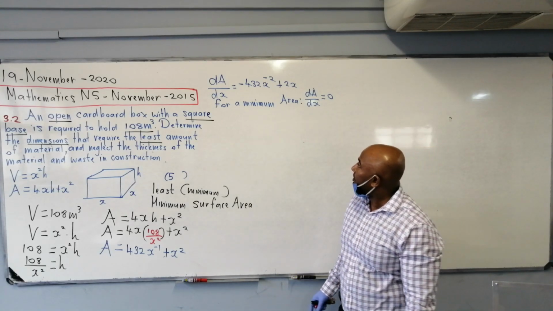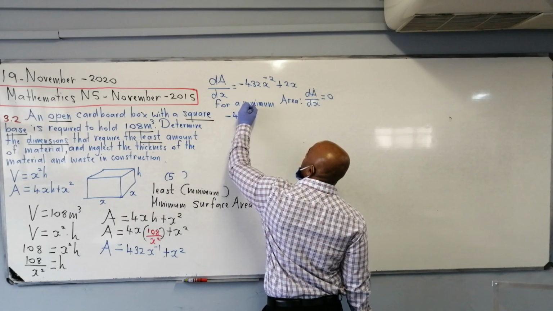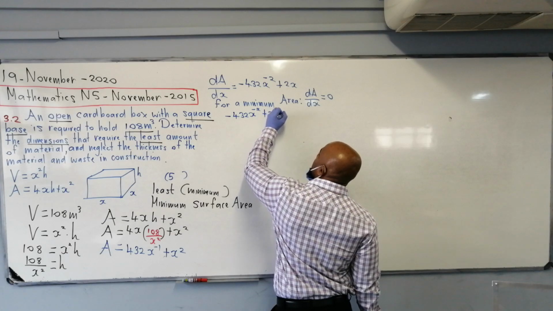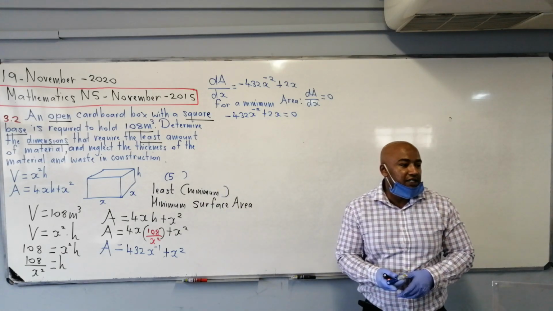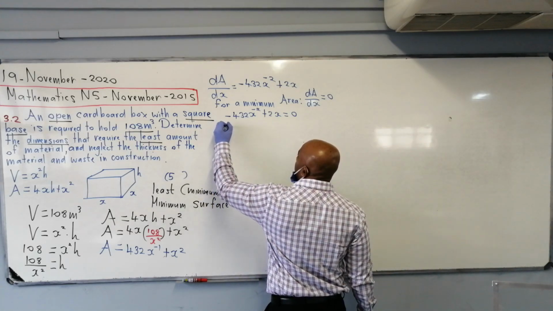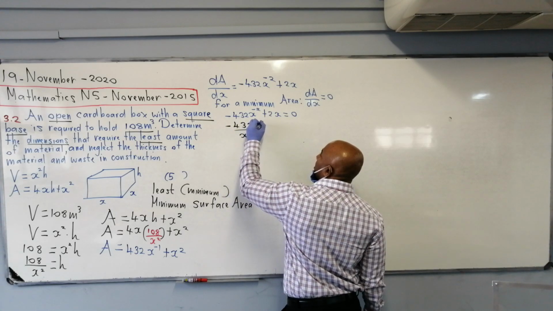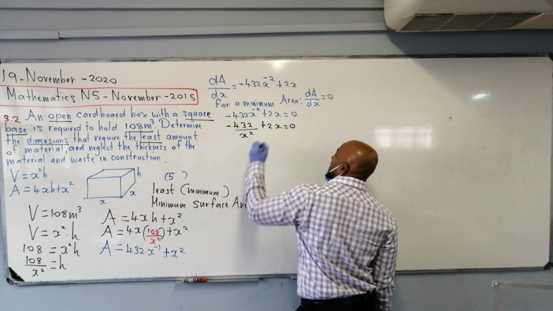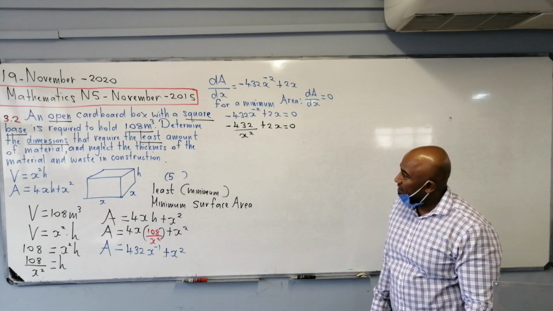You write this down. And now we substitute: minus 432 x to the power minus 2 plus 2x equals 0. And now it is a solve for x problem. Right, so now it's going to be minus 432 divided by x squared plus 2x is equal to 0. I need to solve for x. What do we do?